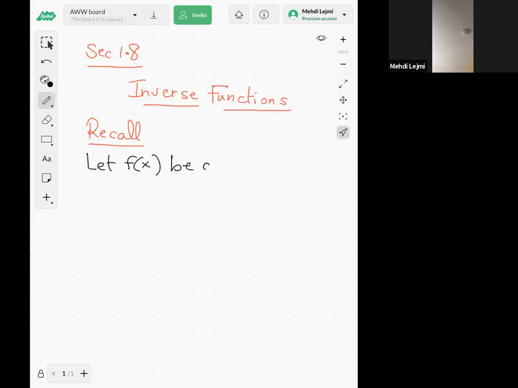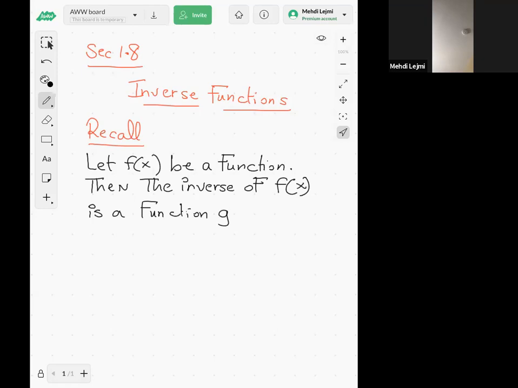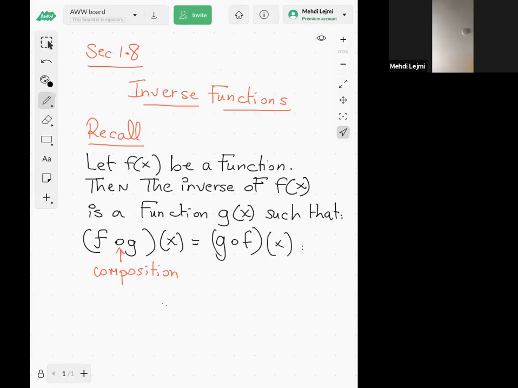Then the inverse of f of x is a function, let's call it g of x, such that it satisfies the following: f composed with g of x equals g composed with f of x equals x. Be careful, guys, this circle does not mean multiplication. This is composition, it's not a product.